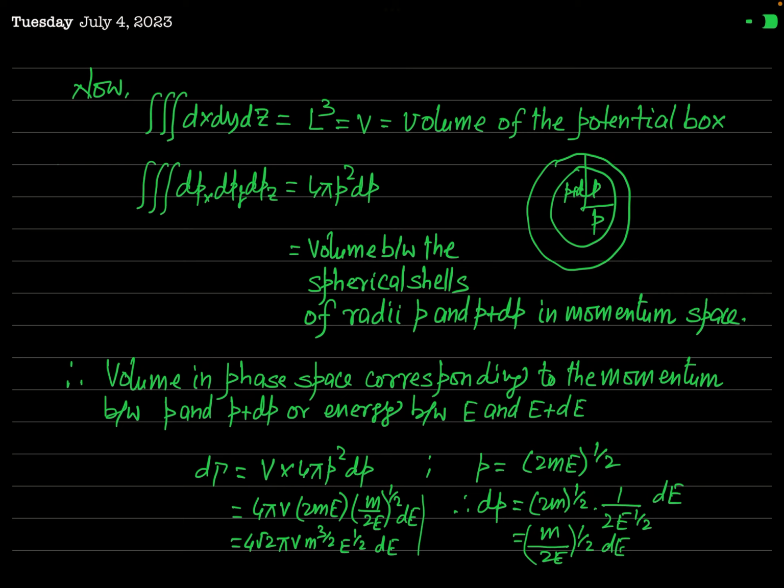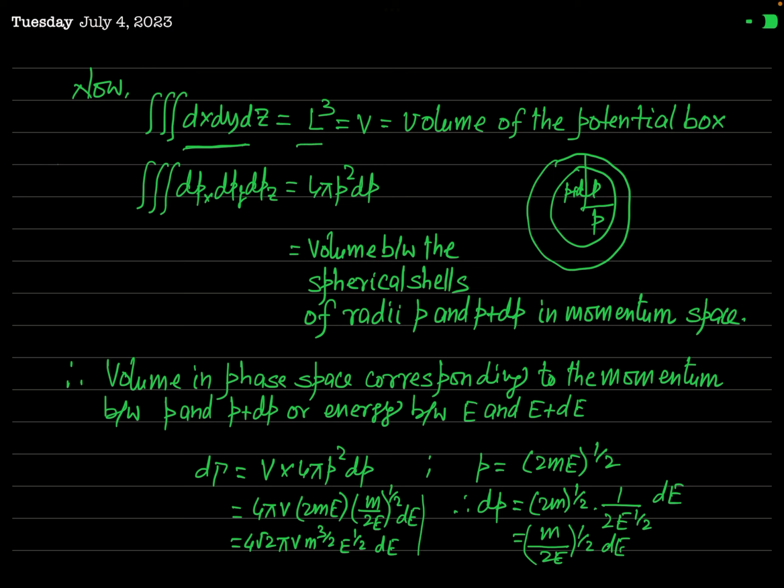Now, as you know, we have assumed our particle, that is the electron, is confined within a potential box which is of cubical shape of size L. So this volume of geometrical space, or position space, that is the integral of dx dy dz, is simply equal to L cube.